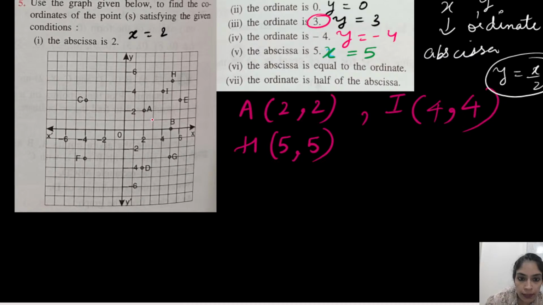Tell me first one. A is not there. B is also not there. Then C, no. D. If you see D's coordinate, the value of x is 2. This is also not there.